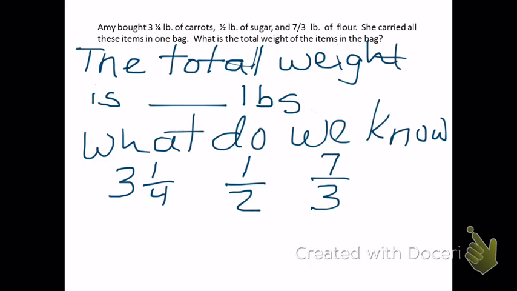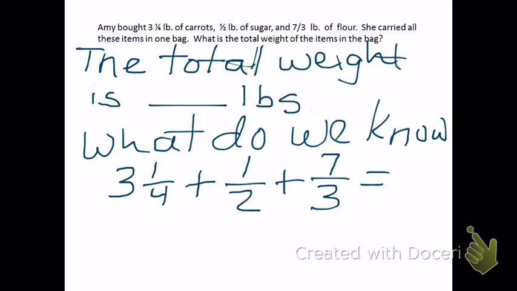7/3. All right, so can I write an equation to help me solve this problem? What can I write? Mia? You're going to add them all. Good. But I have an equation, so I'm going to put my addition. An equation has to have what symbol? Equal. So what is it going to equal?